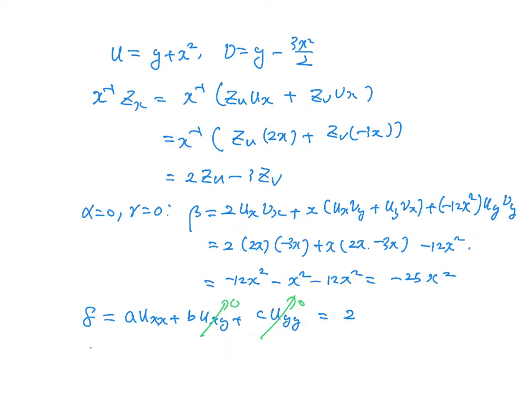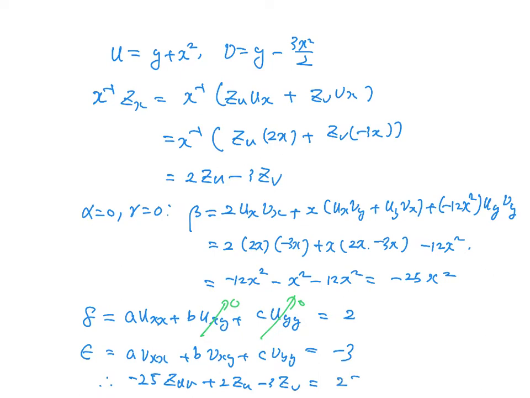And epsilon is a v_xx plus b v_xy plus c v_yy, which is minus 3. So minus 25 z_uv plus 2 z_u minus 3 z_v is equal to 2 z_u minus 3 z_v. So they cancel each other, and we have z_uv is equal to 0.